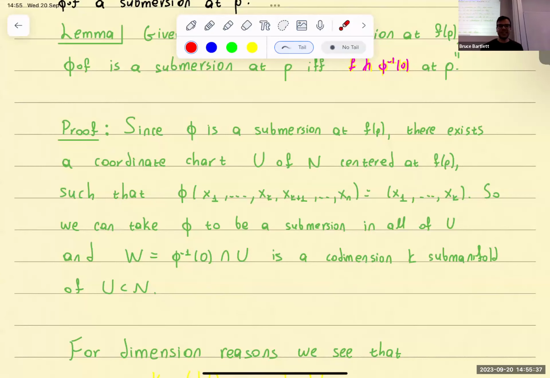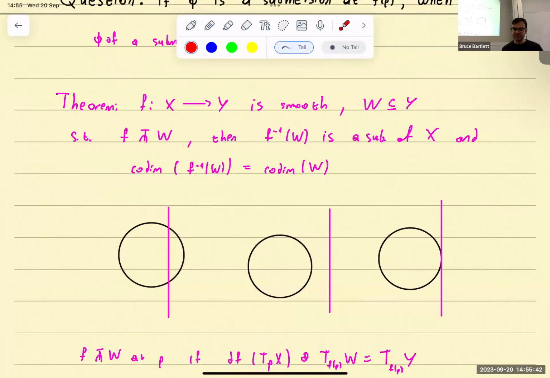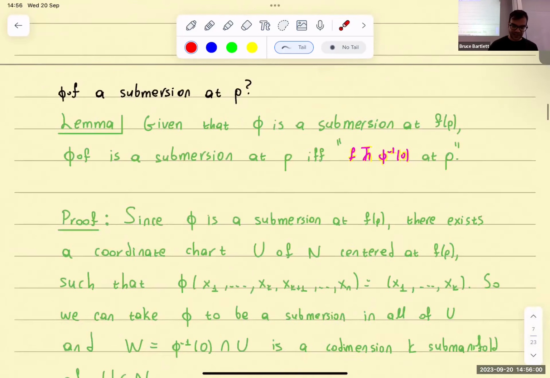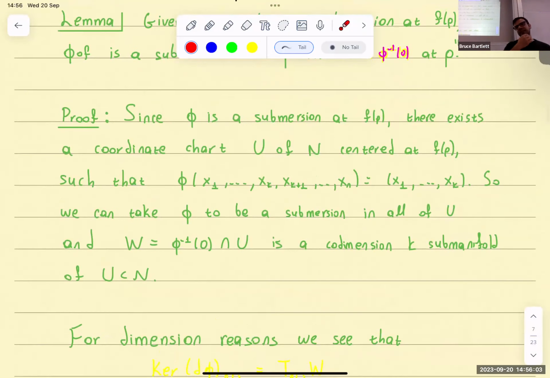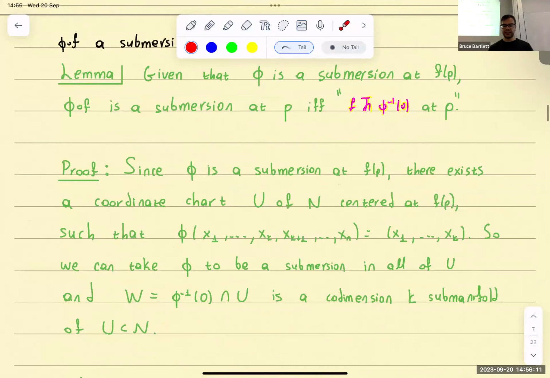We give it away, it's basically this theorem that I introduced here again. But now W is a single point. It's the point 0 in Rk, and the codimension of the zero-dimensional manifold is just K. So that's where we get the K. Okay, so is it at least relatively clear what we are trying to prove?